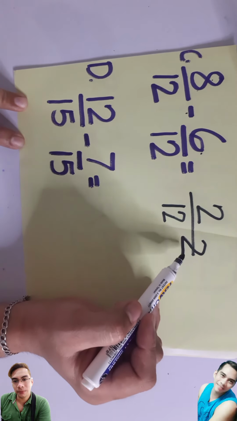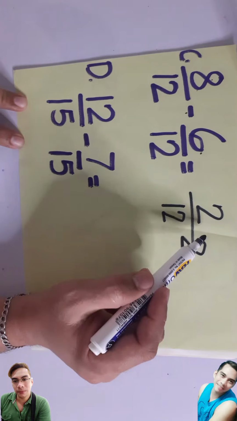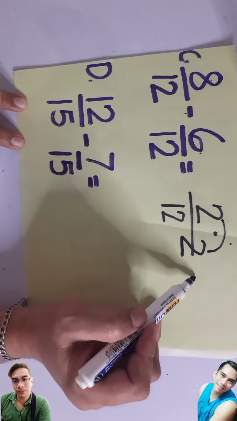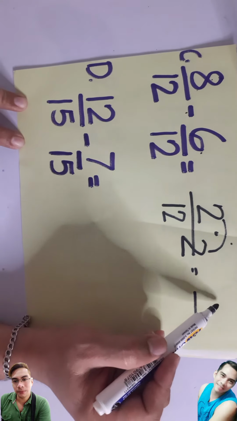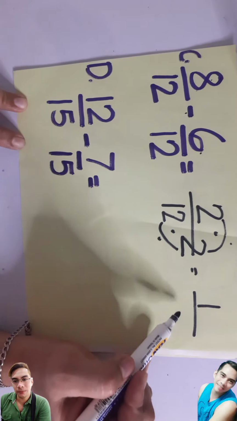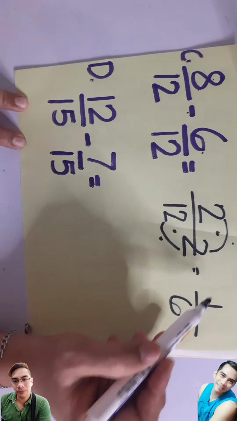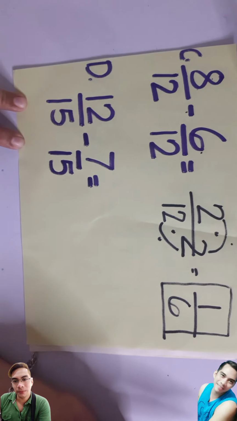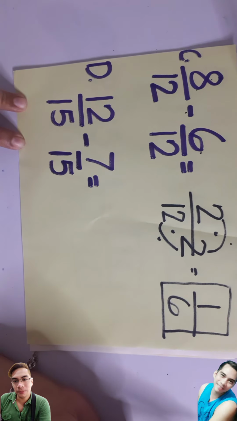So, sa common factor na to, i-divide po natin sila both sides. 2 divided by 2, the answer is 1. And 12 divided by 2, answer is 6. Now, your answer is 1 over 6 or 1/6.